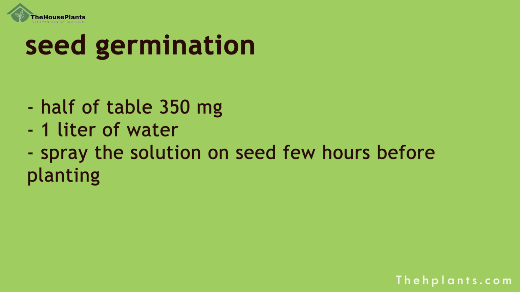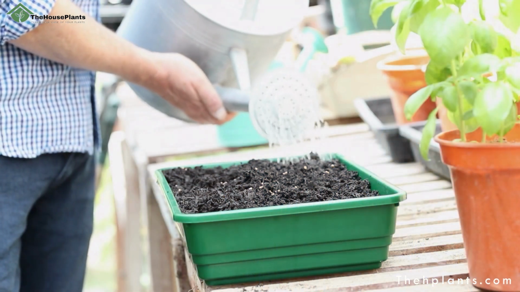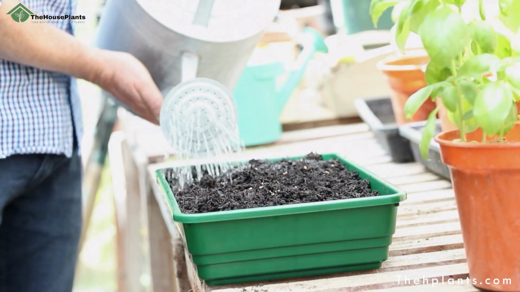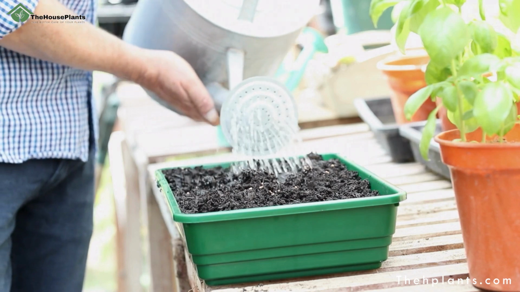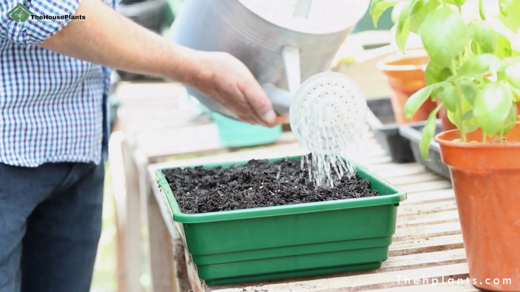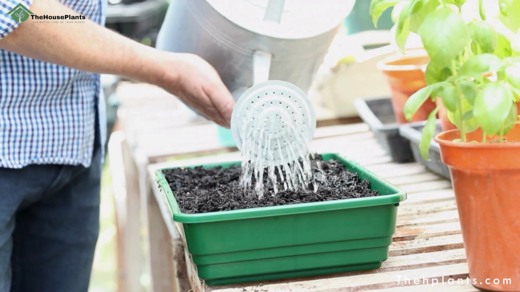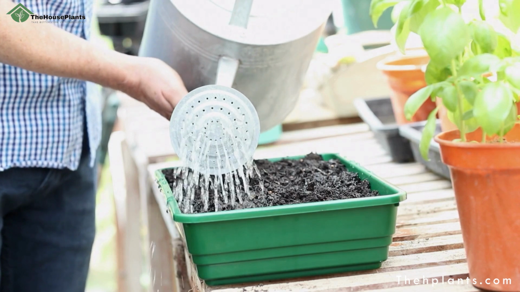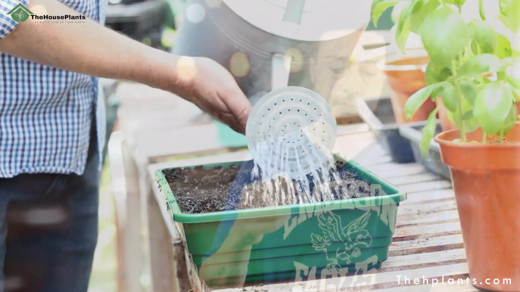After making the solution, spray it on the seeds a few hours before planting. This is really important. Before planting the seed, you should spray the solution on the seed. If you do this, as studies say, you can double the germination.